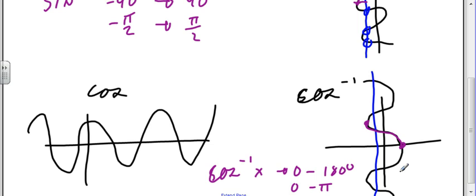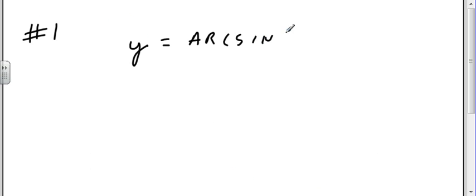Okay. So now we turn ourselves into a literature class, and we look at number 1, and we want to know what the equation y is equal to the arcsine of x means. Right?